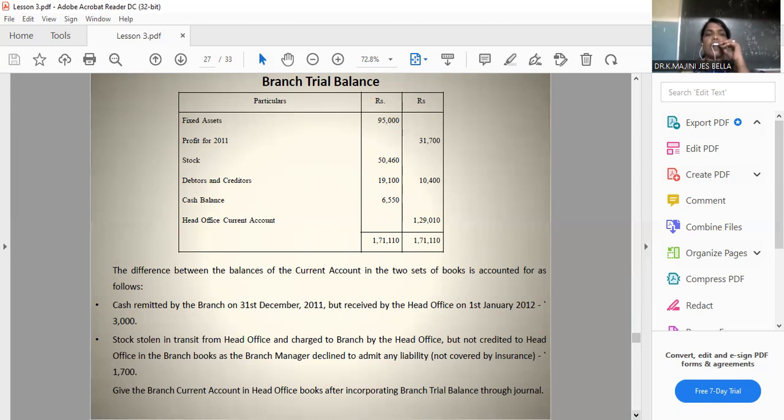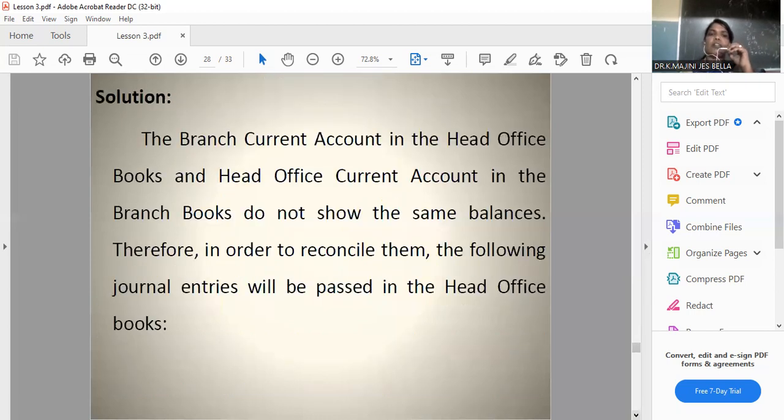Stock stolen in transit from head office and charged to branch by the head office but not credited to head office in the branch books, as the branch manager declined to admit any liability not covered by insurance. The amount is 1,700. Give the branch account in head office books after incorporating branch trial balance through journal.